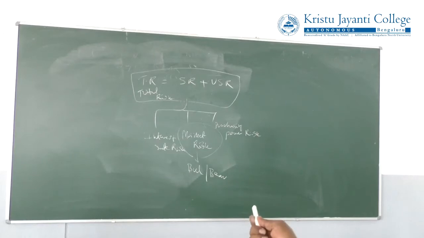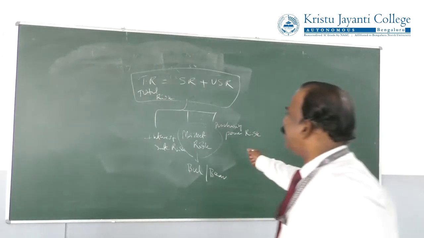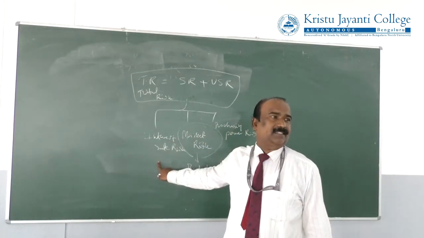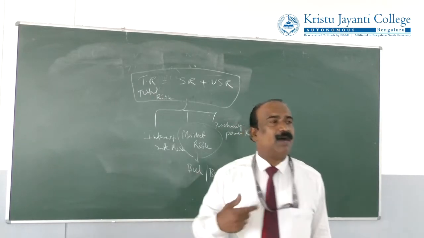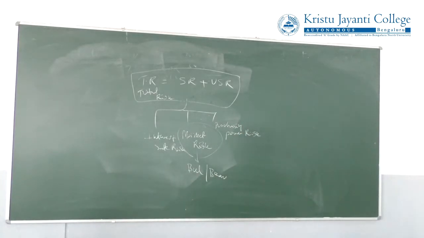Okay? So insider trading is one of the factors of market risk. Purchasing power risk is related with what? Interest rate risk. When the interest rate is low, what happens? Purchasing power increases, then demand for the commodity increases, so we buy more.